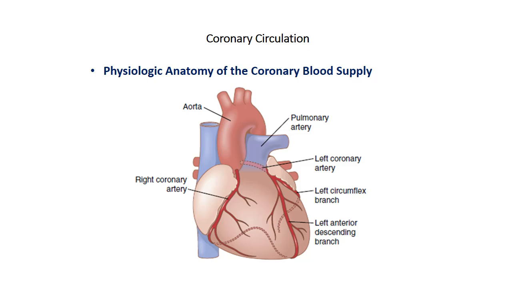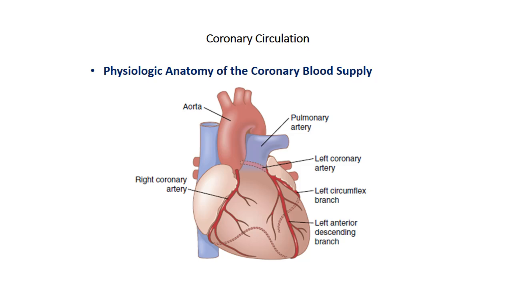Normal coronary blood flow in a resting person is about 70 milliliters per minute per 100 grams of heart weight, and about 225 milliliters per minute, which is about 4 to 5% of total cardiac output.